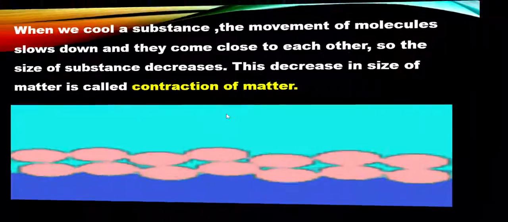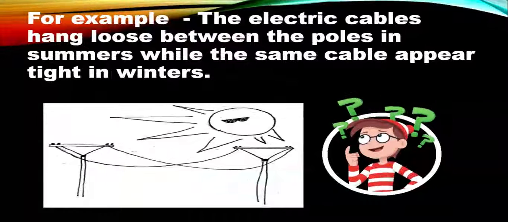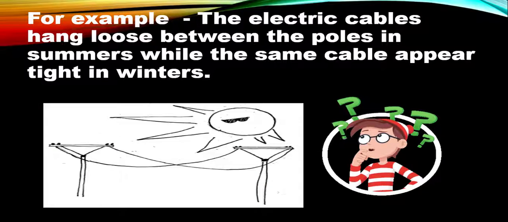For example, the electric cable hang loose between the poles in summers, while the same cable appears tight in winters. You know why this happened, children? Okay, let me tell you.